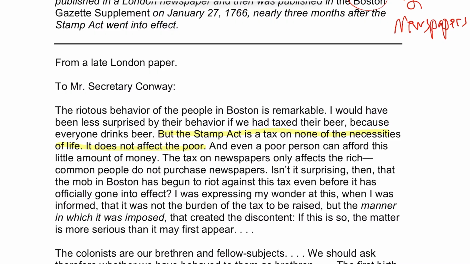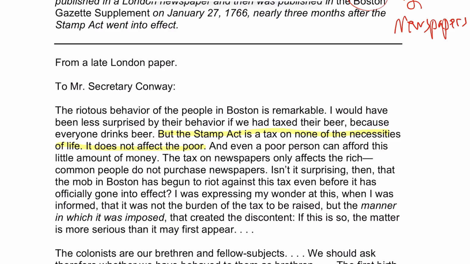The tax on newspapers only affects the rich. Common people do not purchase newspapers. Isn't it surprising, then, that the mob of Boston has begun to riot against this tax even before it has officially gone into effect? I was expressing my wonder at this when I was informed that it was not the burden of the tax to be raised, but the manner in which it was imposed.